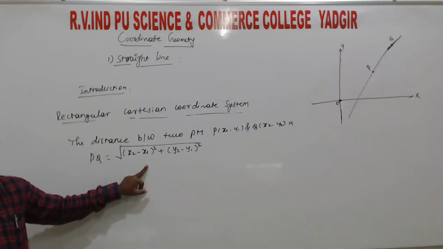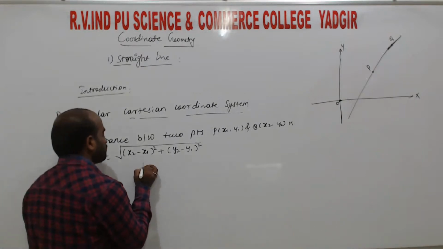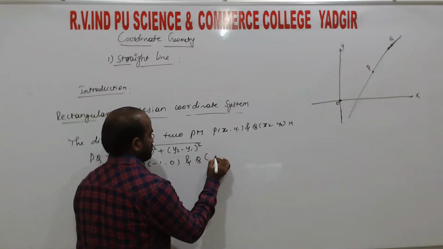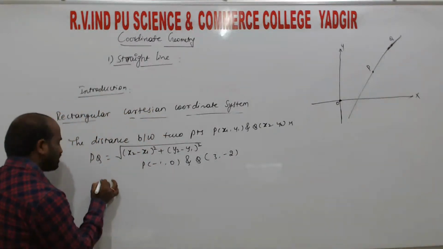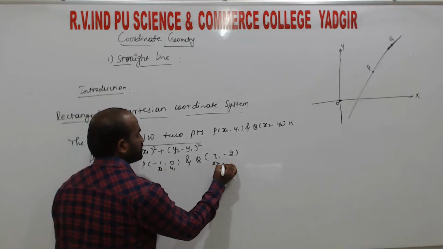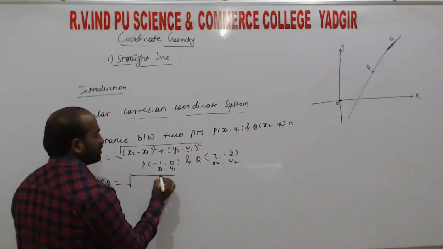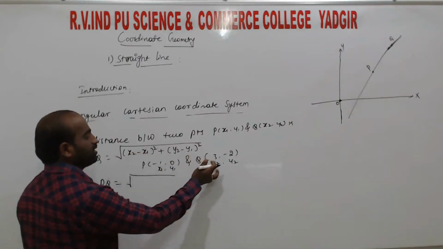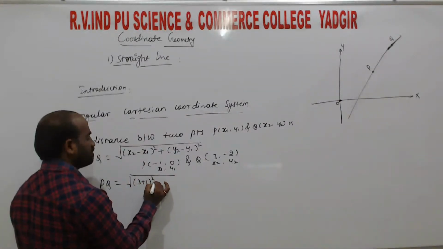Next, if any 2 points are given, find the distance. For example, P point is minus 1 comma 0 and Q point is 3 comma minus 2. Then find the distance between them. PQ is equal to root of, the first point is x1 y1, the second point is x2 y2. x2 minus x1 is 3 minus of minus 1, that is 3 plus 1, whole square.